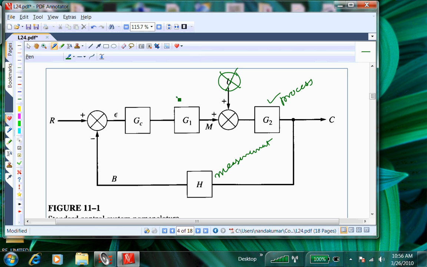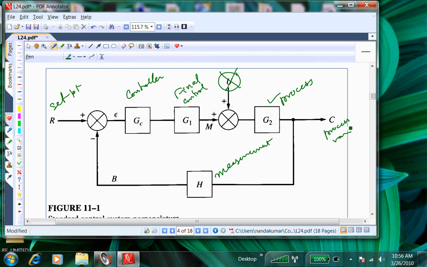And this is the final control element, a valve typically, or a heating element, and this is the controller. So we have studied in detail all of them, and now we are synthesizing, integrating all of them. So this is the set point, and this is the process variable that we want to control.